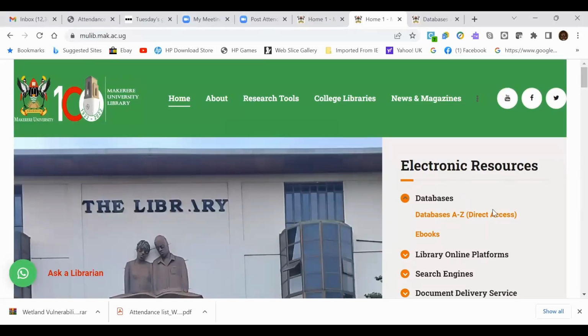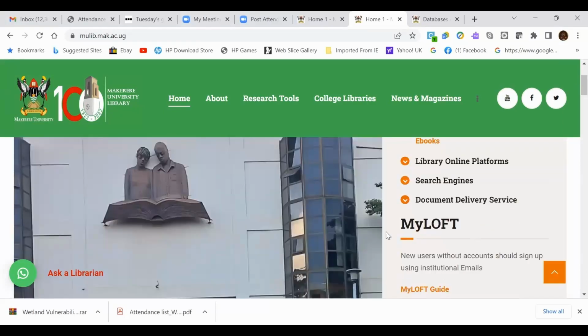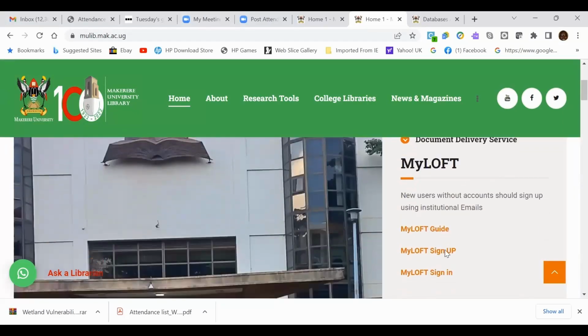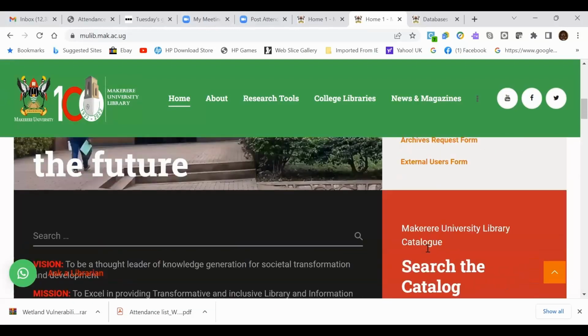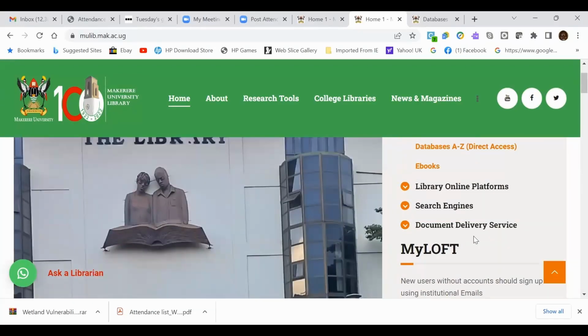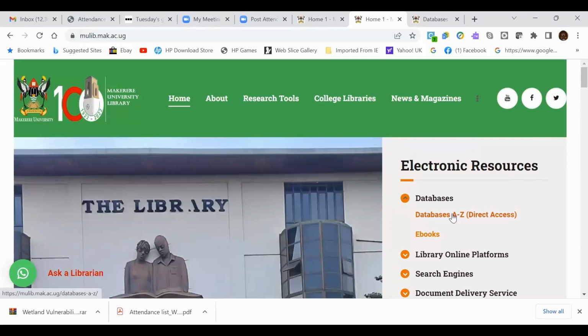Direct access, as has been mentioned, will be available to you when you have access to the network, or your Mac Air and the internet here. And if you don't have it, you have been given the alternatives. And these are the resources that you have at your disposal. I'm going to click on the direct access.